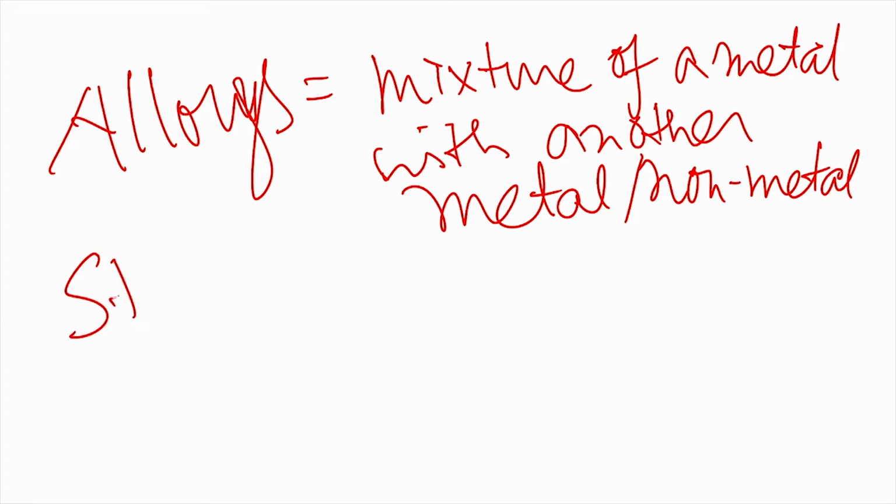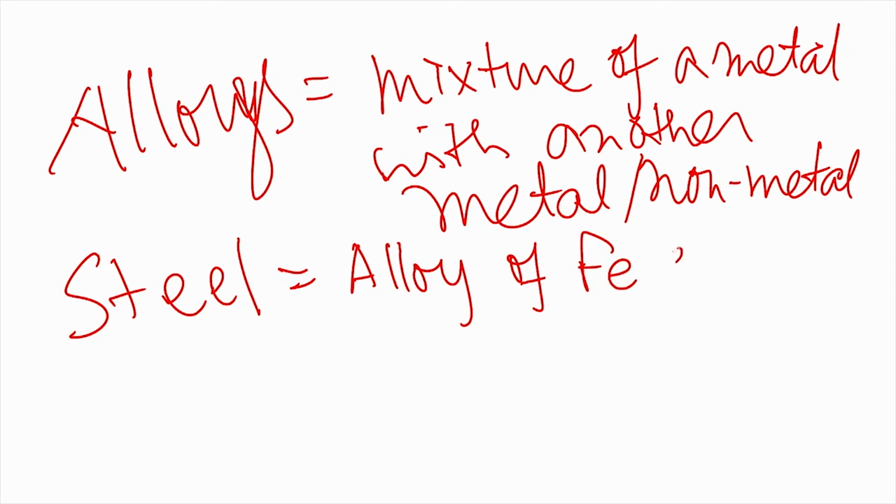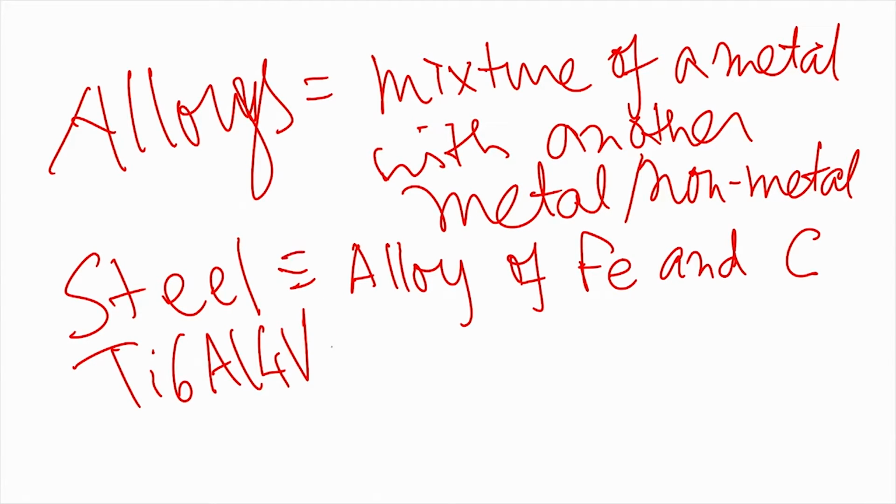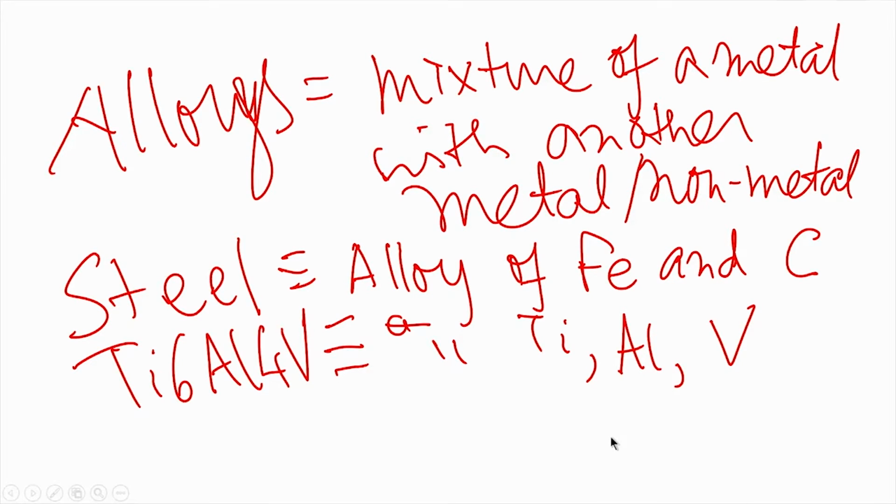For example, steel is an alloy of iron, Fe, and carbon. Ti6Al4V, another material widely used in engineering applications, is an alloy of titanium, aluminum, and vanadium. So alloy does not always mean a mixture of two metals. An alloy can be a metal and a non-metal; in this particular case, the non-metal is carbon.